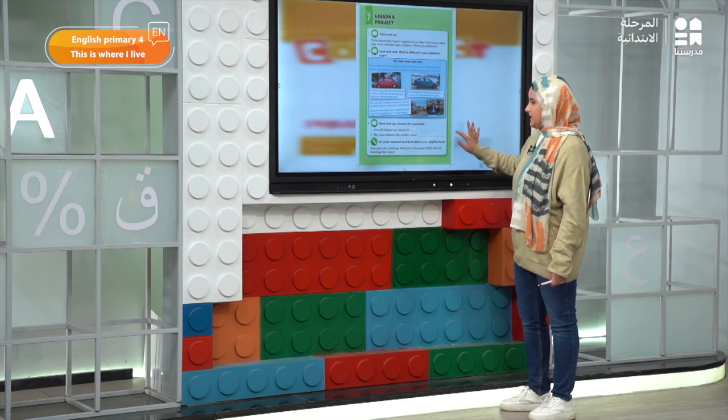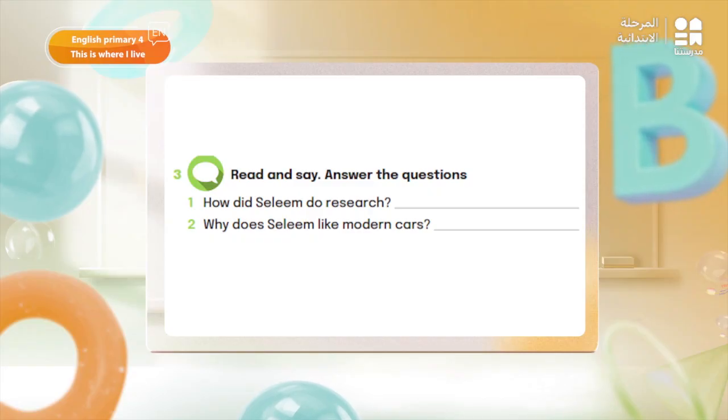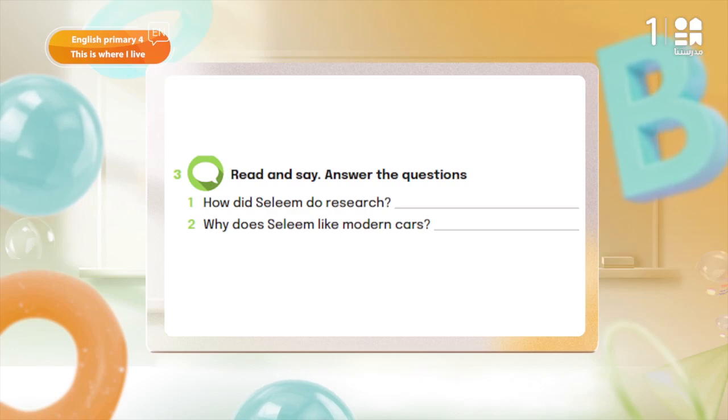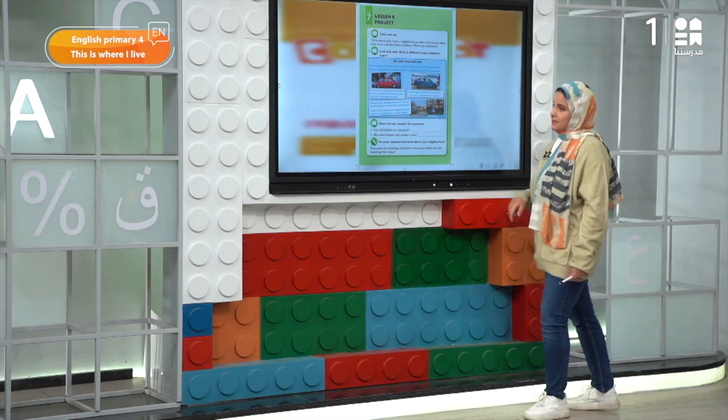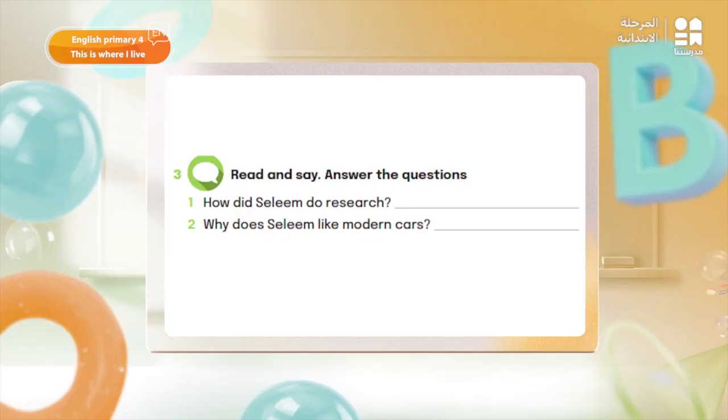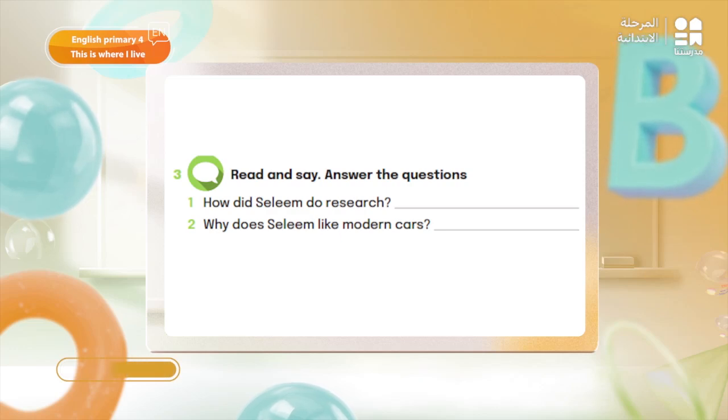Question number 2 says, why does Selim like modern cars? نخلي بالنا هنا ان انا عندي كلمة does. does يعني بتكلم في ال present tense مش في ال past tense. Okay, so why does Selim like modern cars? Very good, because they are cleaner and quieter than old cars. So let's write it down.